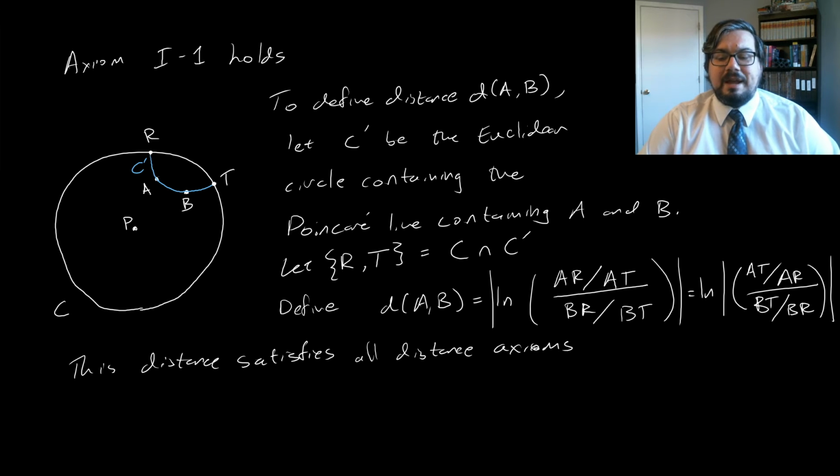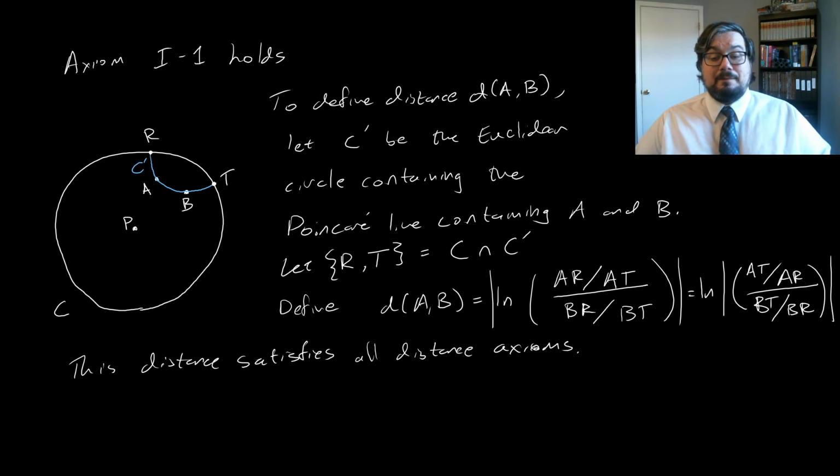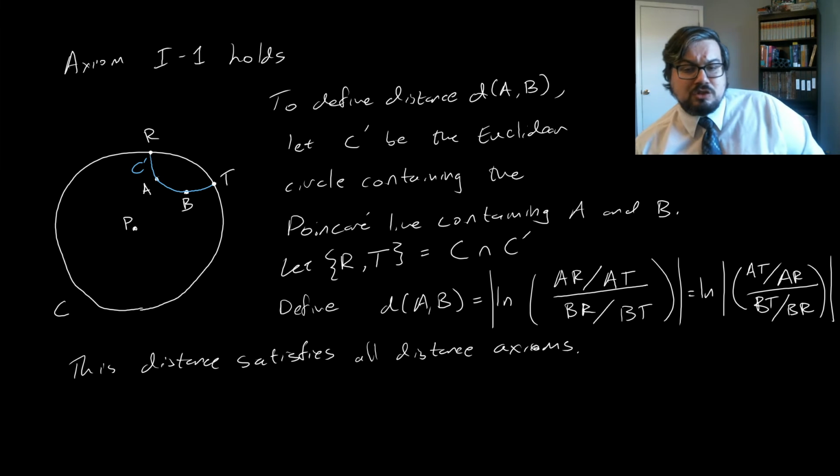And the easiest way to show that is to show that we have the ruler postulate, is to show that we can construct a coordinate system on every line that respects this distance, and that function is not super surprising.